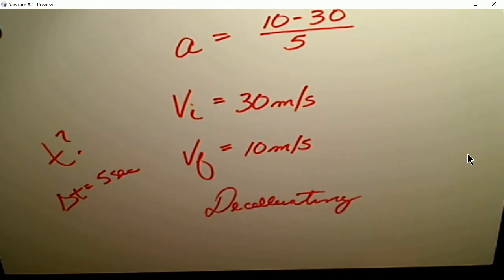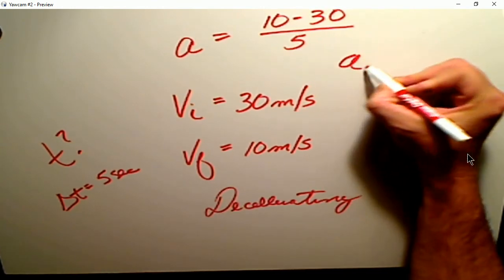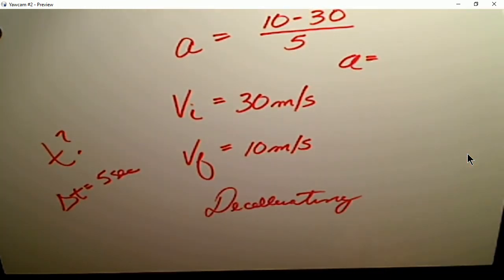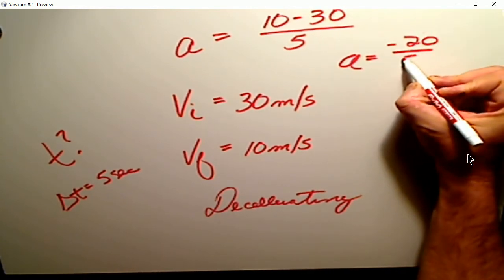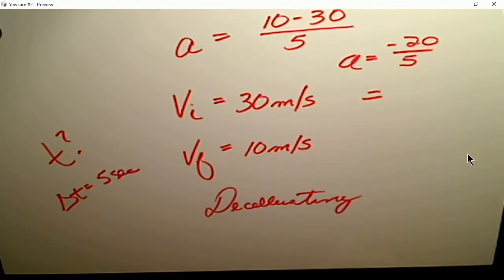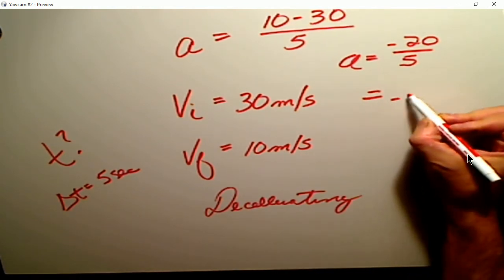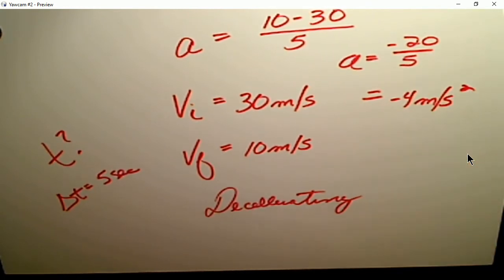So what you clearly see is that my acceleration then is negative 20 over 5, or negative 4 meters per second squared. I am decelerating.